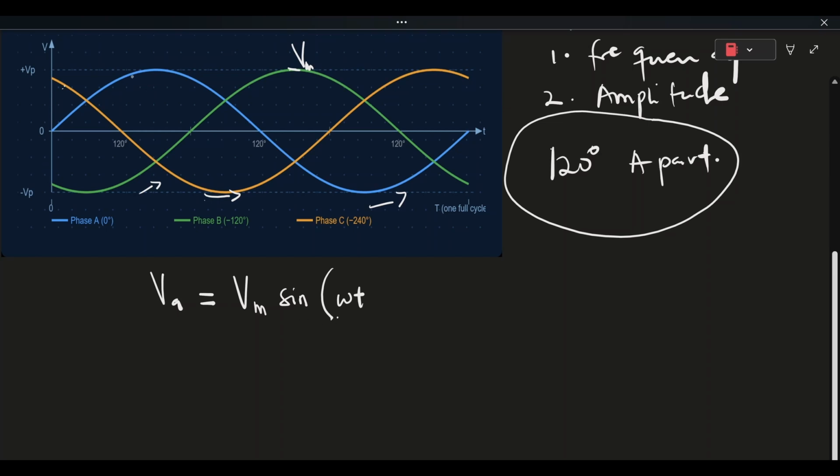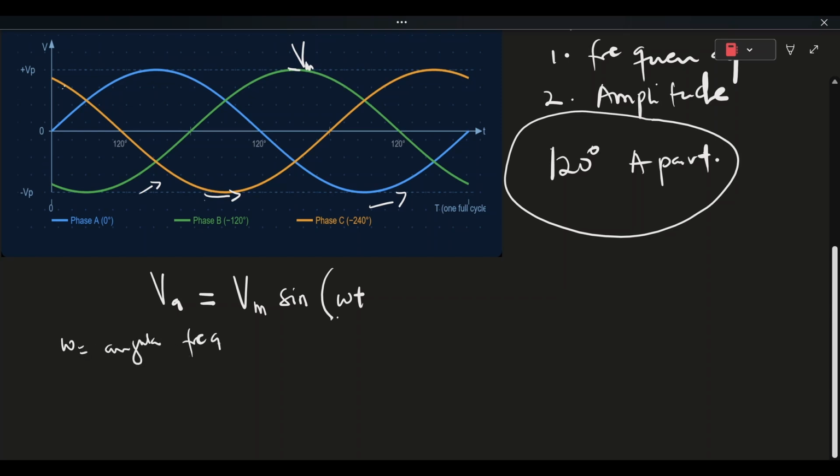Our omega t here is just the position, or the angle, of the wave with respect to a particular time.